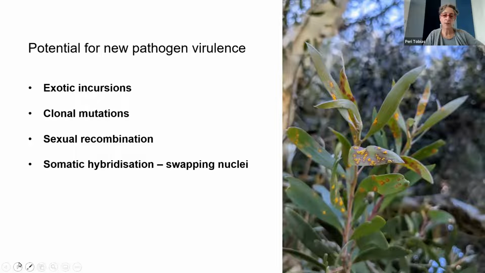So we have a pandemic strain that we know of in Australia and in New Zealand. The pandemic strain, as I said, has a very wide host range, but is there a possibility for new virulence to emerge?